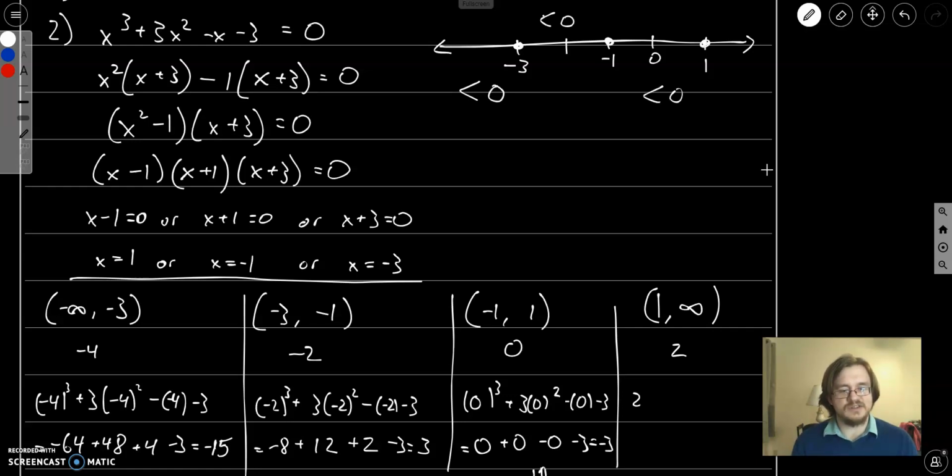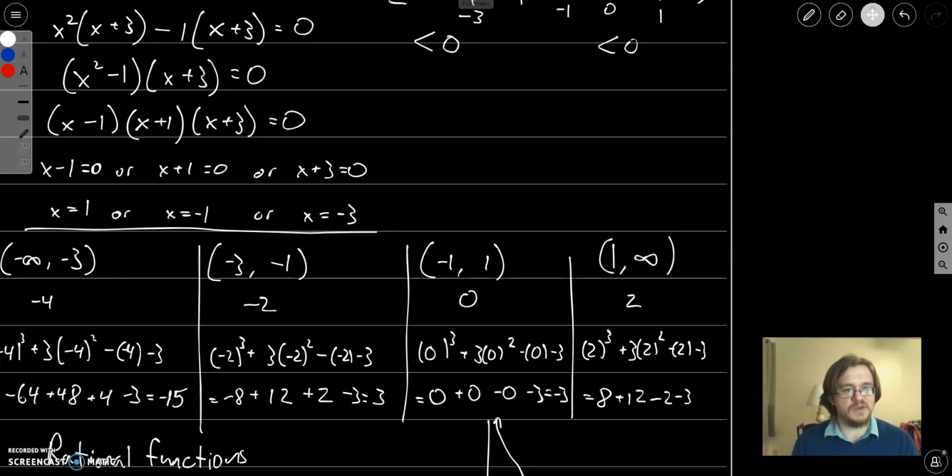And then the last one, 2. All right, 2 cubed plus 3 times 2 squared minus 2 minus 3. 2 cubed is 8. Plus 3 times 2 times 2 is 12. Minus 2 minus 3.